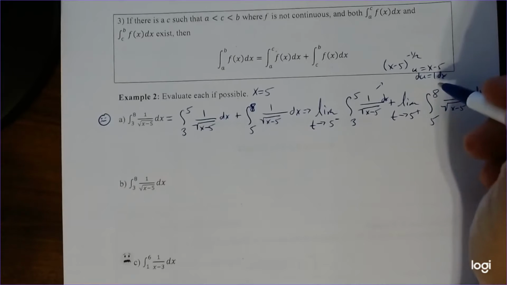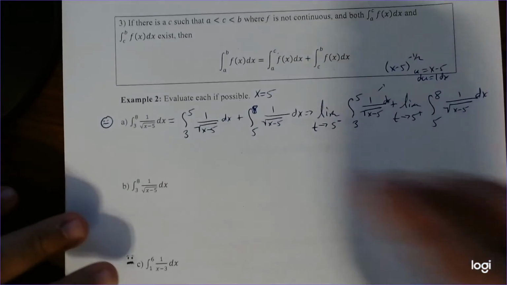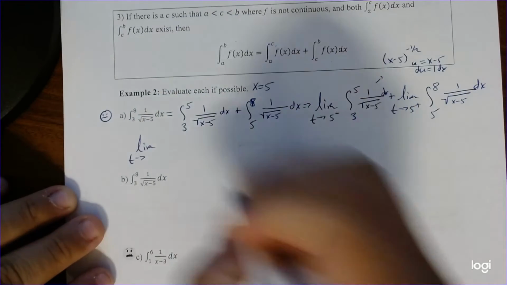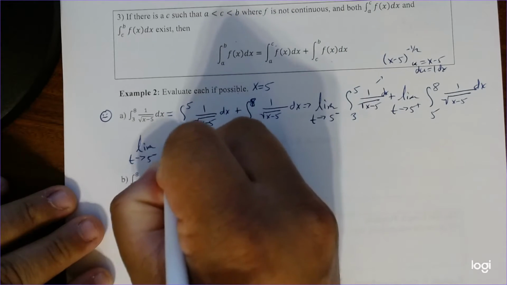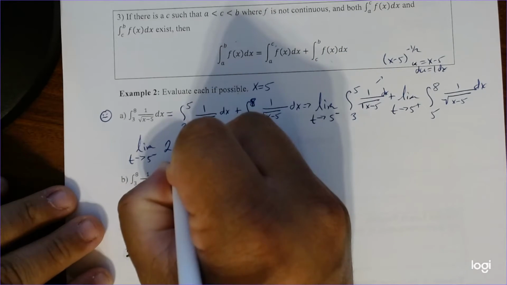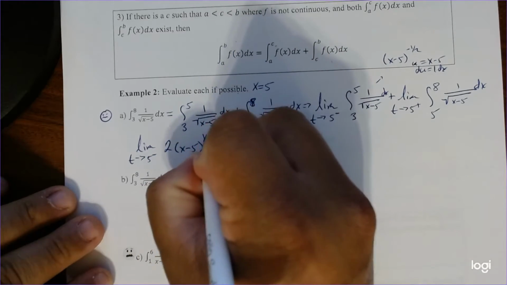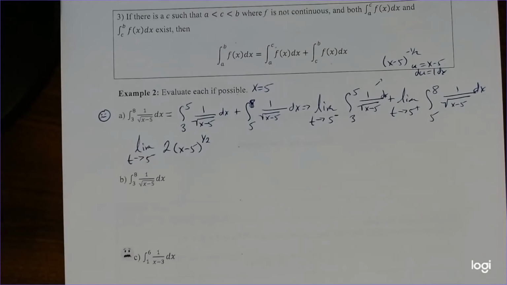So the integral of u to the negative 1/2 just gives you this here. Right, same process there.